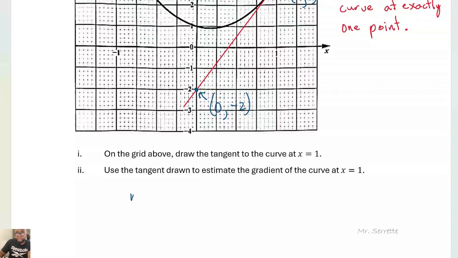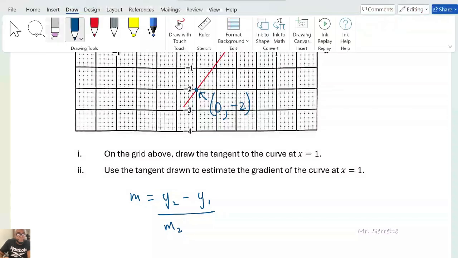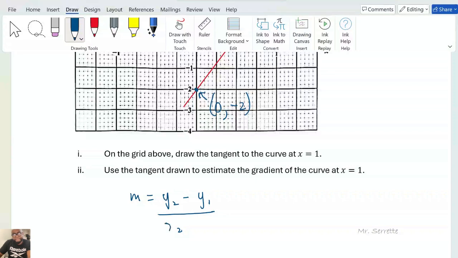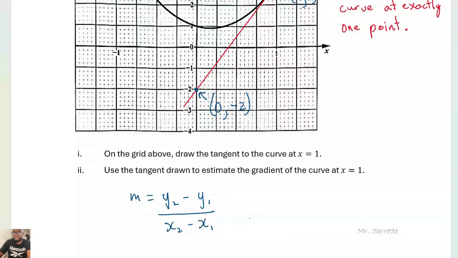Now let me see who remembers what my gradient formula is. Gradient is comma m, right? So gradient will be equal to y2 minus y1 over x2 minus x1. Well, you must remember these formulas.